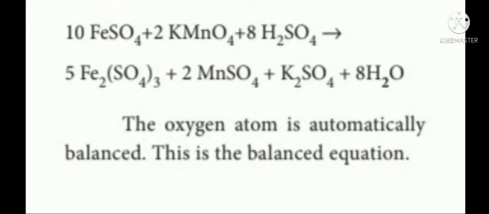If you check the number of hydrogen atoms in reactant side and the product side, they must be equal. Both the sides contain 16 hydrogen atoms. Hence, hydrogen is balanced. The oxygen atom is automatically balanced. Hence, this is the balanced equation.